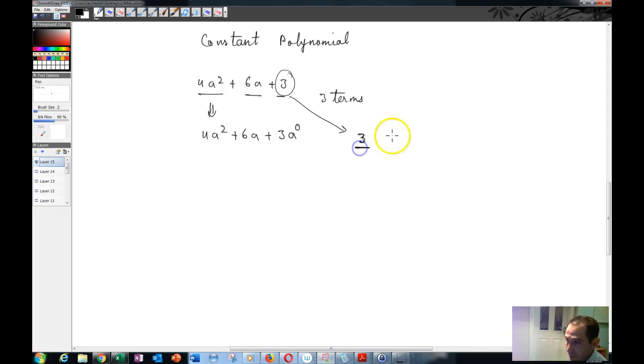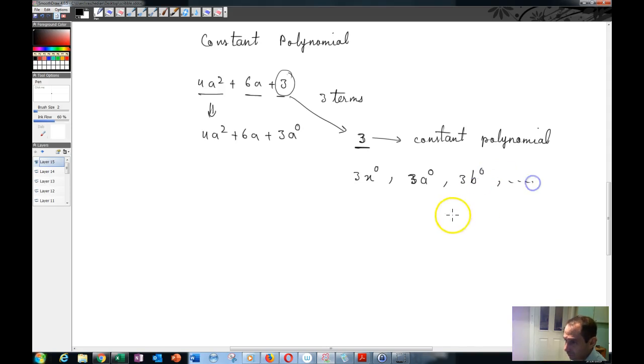This 3 is called a constant polynomial, and you can write it as anything, meaning that it's a valid polynomial. You could write it as 3x raised to the power 0, or 3a raised to the power 0, or 3b raised to the power 0, and so on.